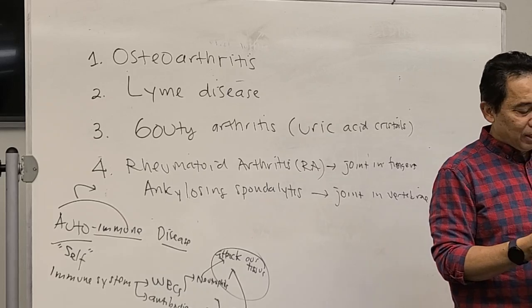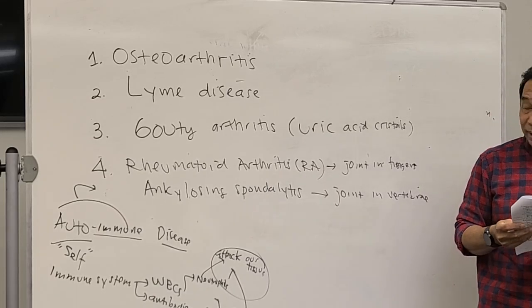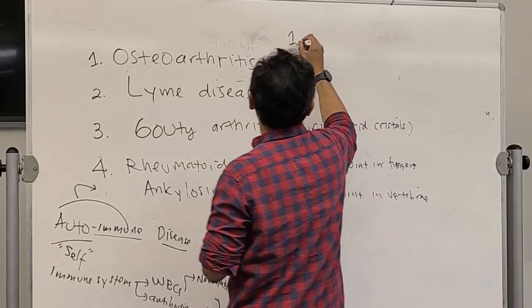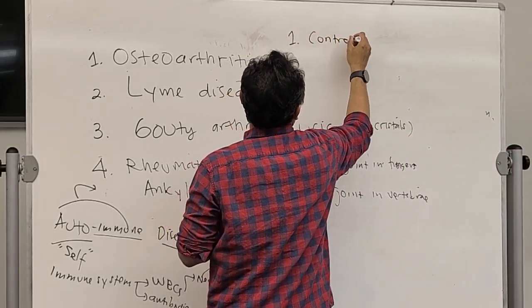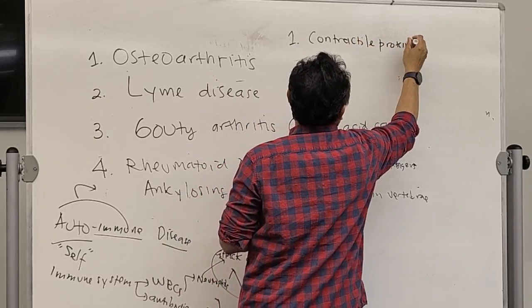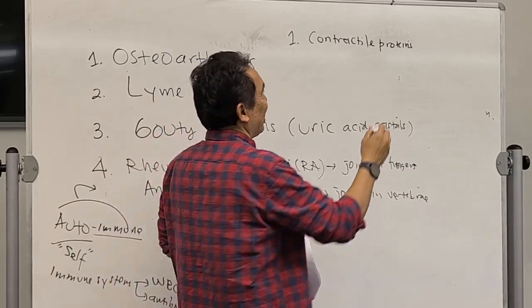The first one is called the contractile proteins, or filaments. This is the one that does the contraction. There are two.